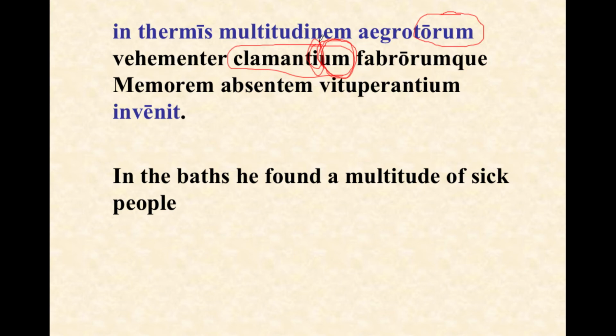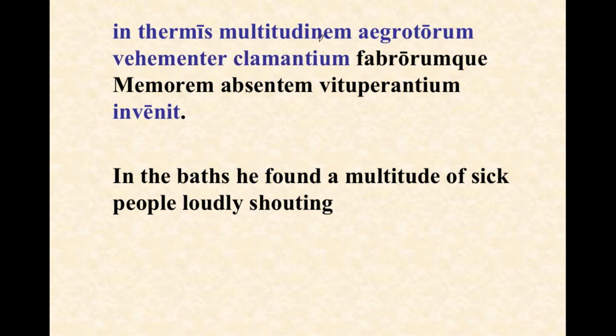Urbs is city. Urbem is the accusative singular, but the genitive plural is urbium, I-U-M. Okay, so I'm adding in clamantium. He found a multitude of sick people loudly shouting. Vehementer is an adverb describing the manner with which they are shouting.